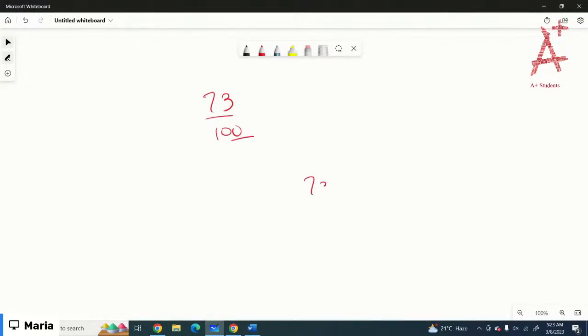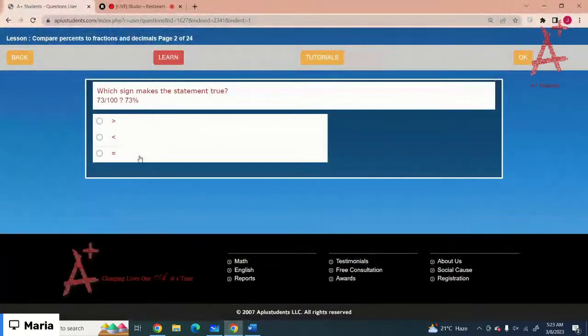That means you move the decimal point two places to the left, and it would be 0.73. But when you are multiplying, let's suppose you are multiplying 0.73 times 100, you move the decimal point two places to the right. It would then be 73. Got it? Yes, they are equal.